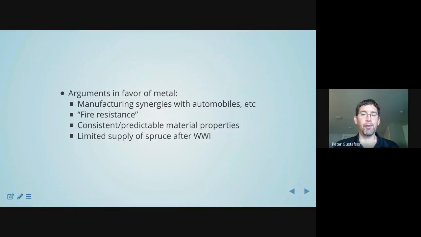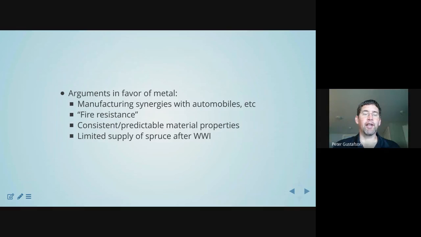So there are a number of arguments in favor of metallic structures over what was previously there, that is wood. One of the reasons to move at that time was that automobiles were beginning to be manufactured out of metals, whereas previously they had also been made largely from wood structures.